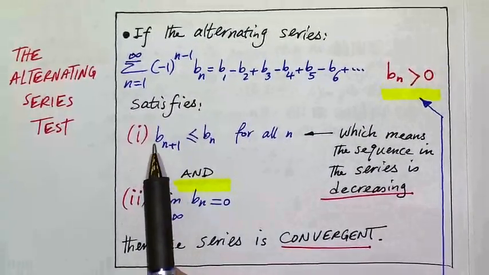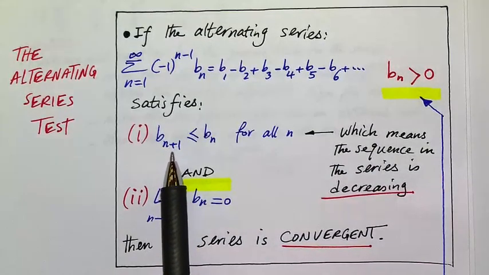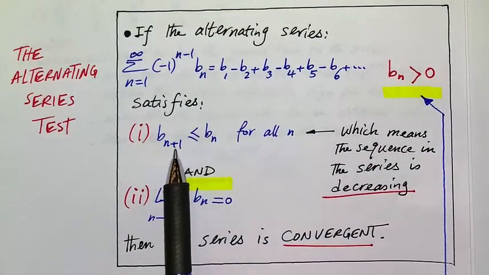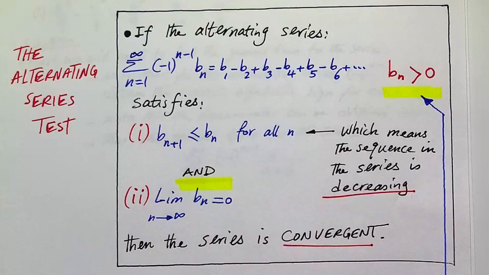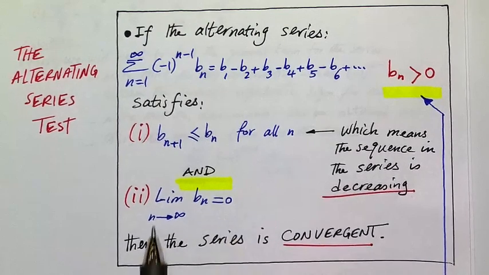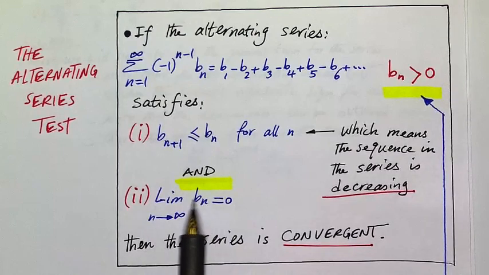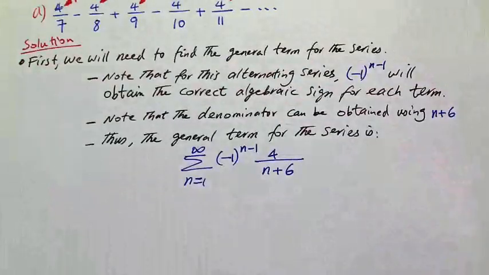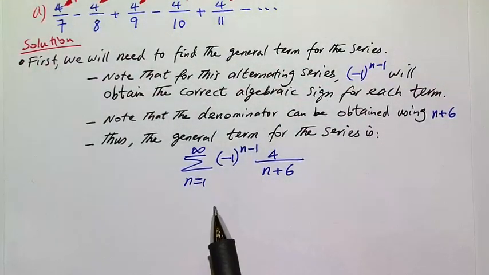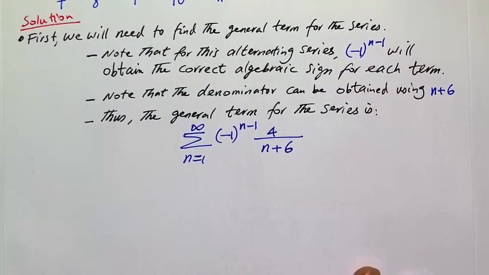One is we have to make sure that this is a decreasing series, that is, each next term is less than or equal to the previous term. Then, if we take the limit of the bn's, we have to end up with 0. If we satisfy these two, we have a convergent alternating series. So let's check each condition.